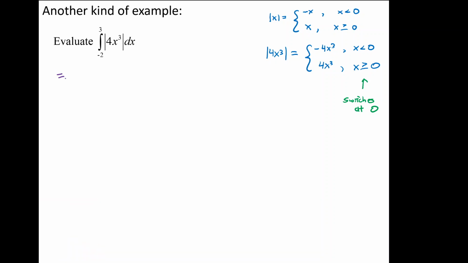Okay, so this equals the integral from -2 to 0 of the form of the absolute value function for x values between -2 and 0. So that's for x less than 0. So negative 4x to the power of 3.